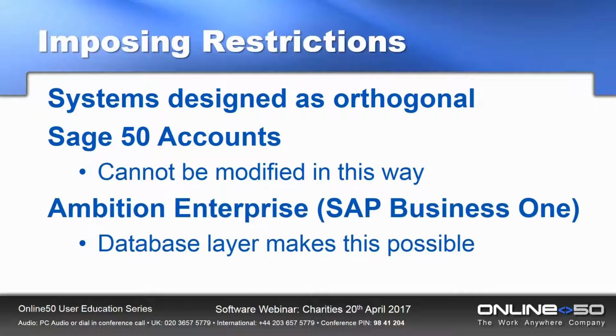With SAP Business One, because of the database we've got at the back end, remember we use SAP HANA, which is a very advanced in-memory database for our SAP Business One deployment, we're able to implement restrictions within the database in terms of the way it works.